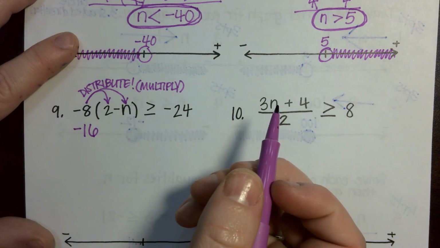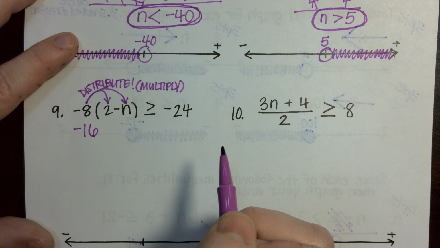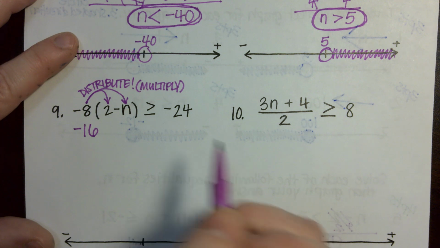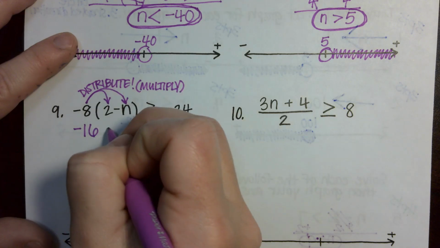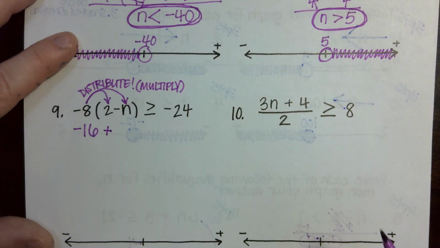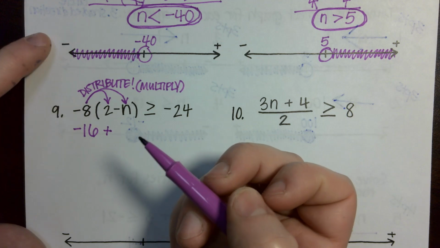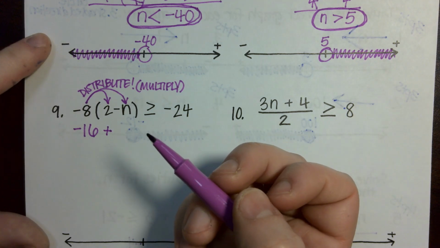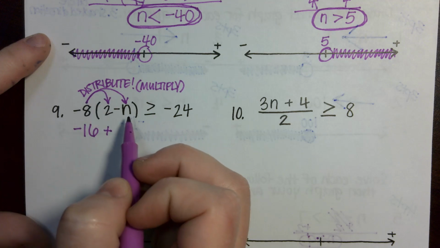First of all, what's going to happen to that minus sign? It's going to become a positive number. A negative times a negative makes a positive. So we can go ahead and put a plus after the 16. And we can just think of this as 8 times n. What's that? 8n. It'd be 8n. We're doing 8 times n.